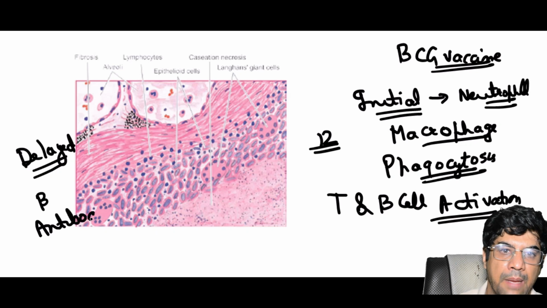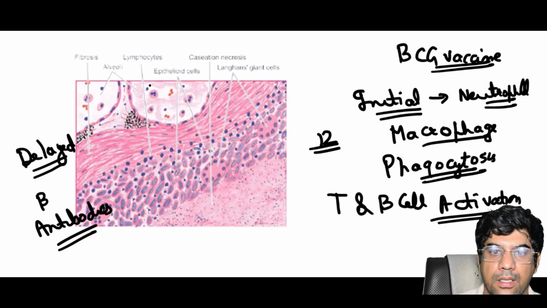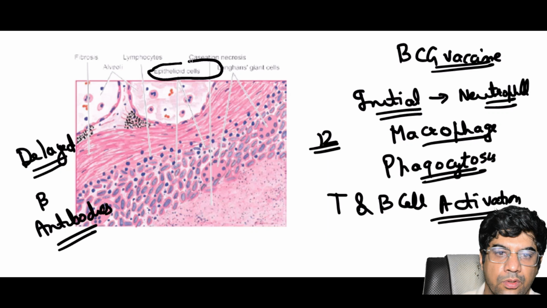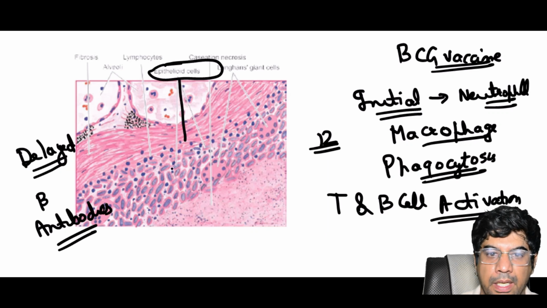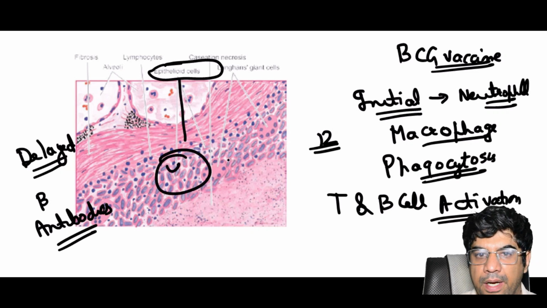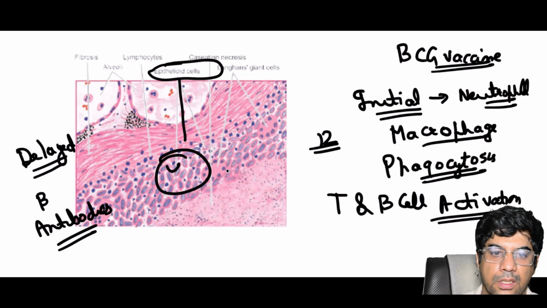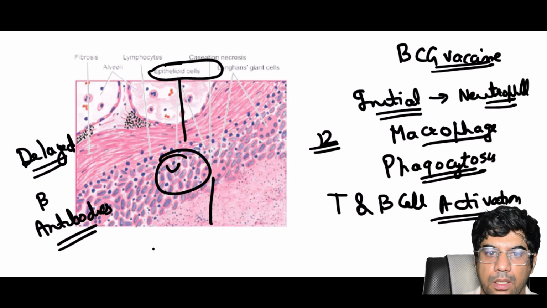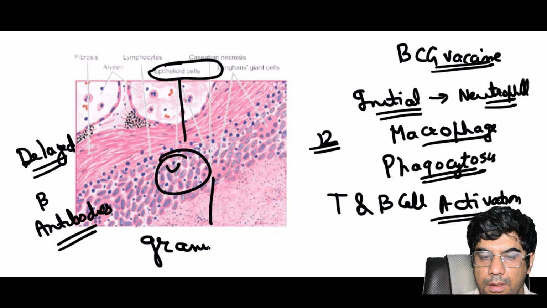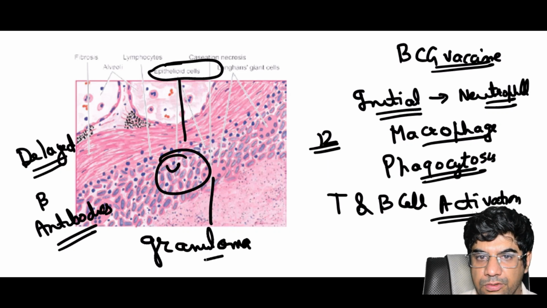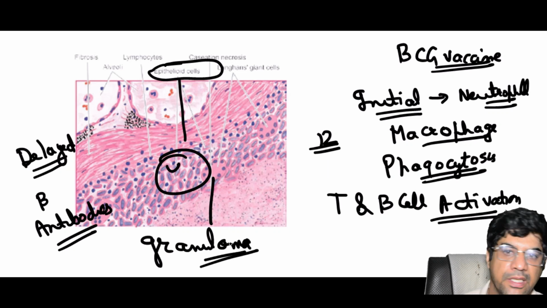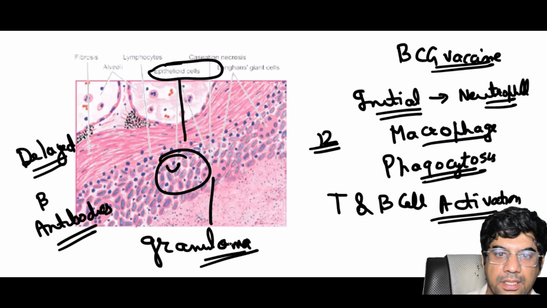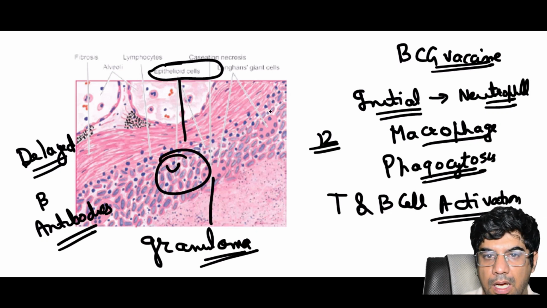There would be epithelioid cells. The macrophages transform into epithelioid cells that form the granuloma. Some macrophages fuse into multinucleated giant cells, either the Langhans cells.